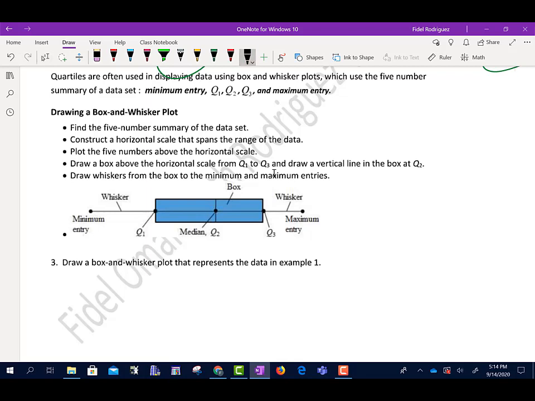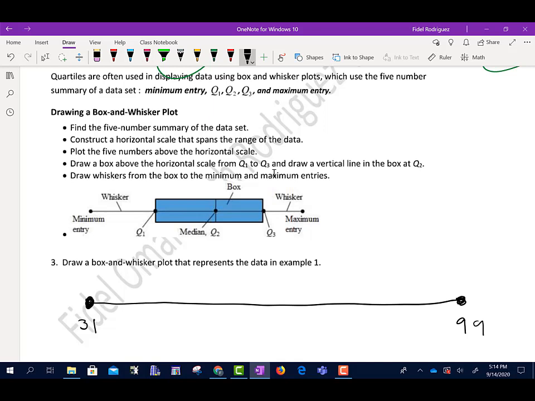Okay, so I'm going to draw my number line, and it's going to look something like this. My minimum score we said was a 31, and the maximum, I think, was actually a 99.